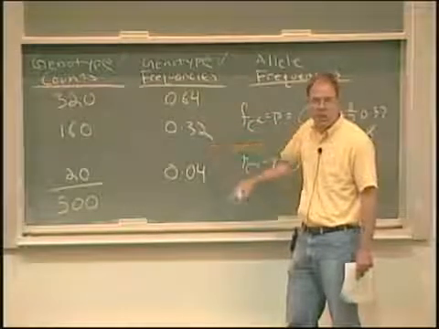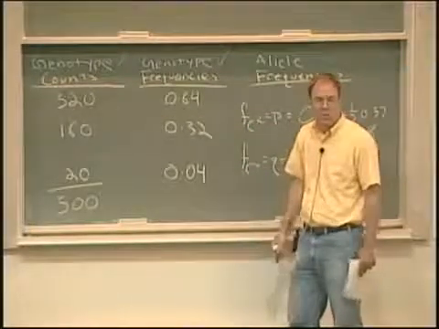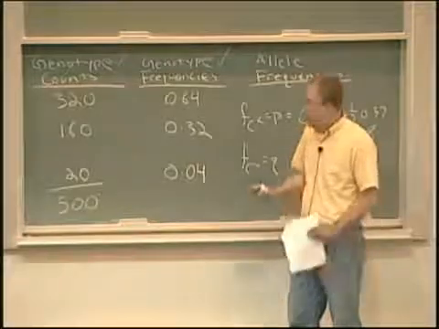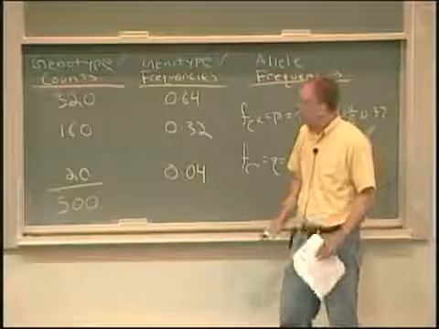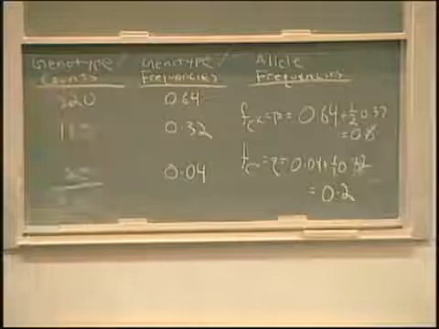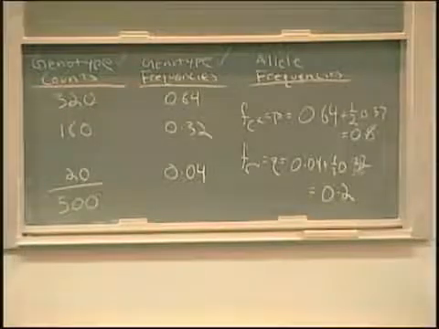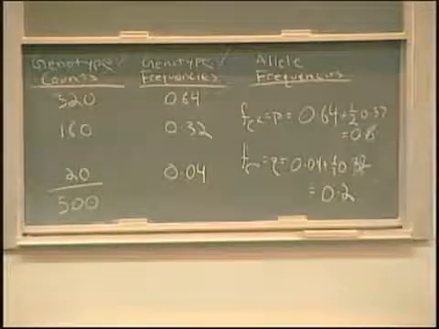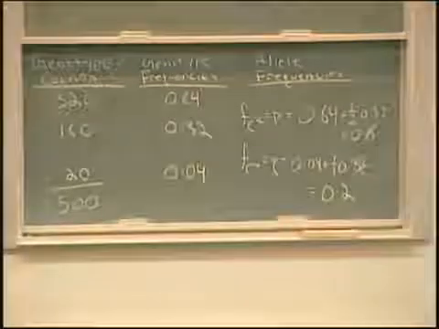You would expect a lot more heterozygous individuals. Okay. So that is it. That's all there is to Hardy-Weinberg equilibrium, Hardy-Weinberg theory. It basically just predicts what the frequency should be in the next generation based on the allele frequencies in the current generation.